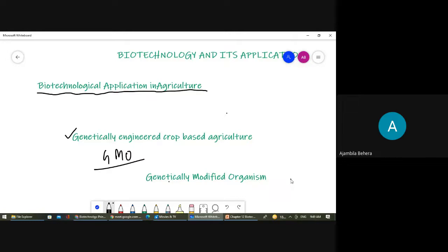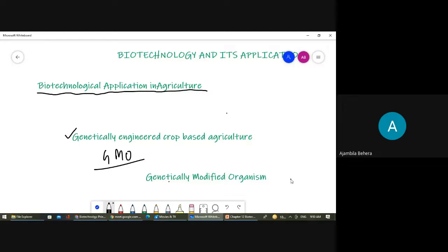Generally, they are allowed to possess an alien gene, the gene of interest, and that gene can be expressed in those organisms for a suitable product that we wish to produce.